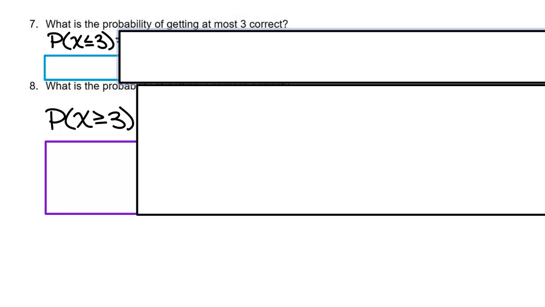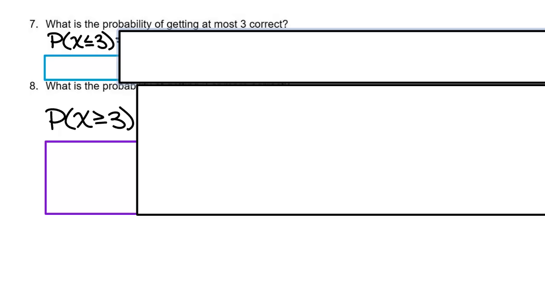What do we need to do to find the probability of getting at most 3 questions correct? What do I need to do to calculate that probability? Yep.